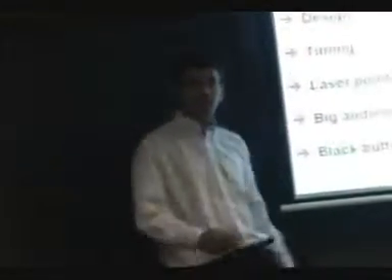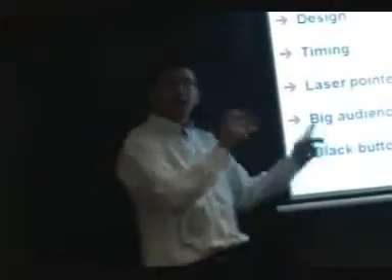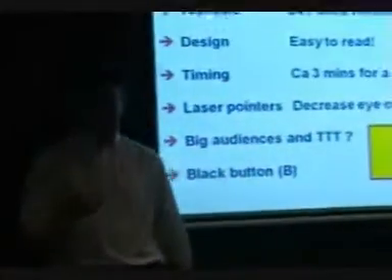And finally, last but not least, the black button, which is B in English, but if you're in Spain, then it's not B. It is N. N for negro. So you use the black button to send the screen black, and then all of a sudden, the attention of the audience comes to you. The black button is a very important button. You'll find it on your computer.